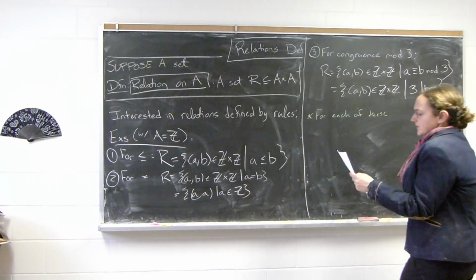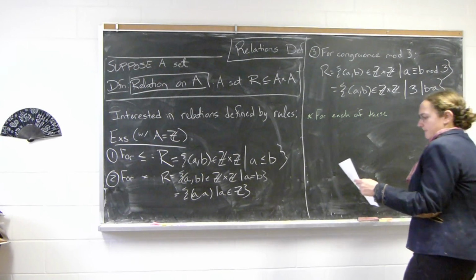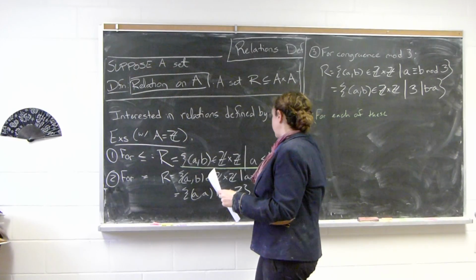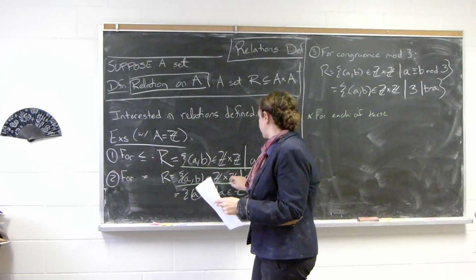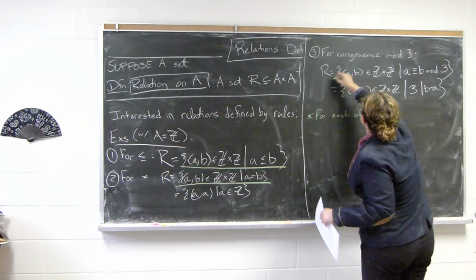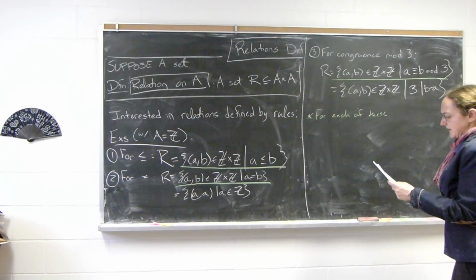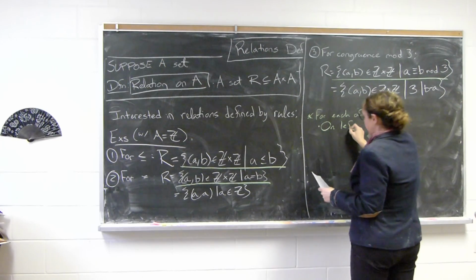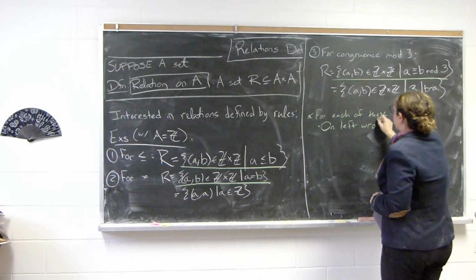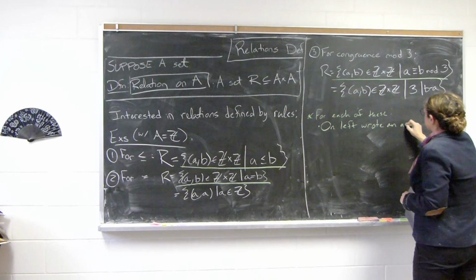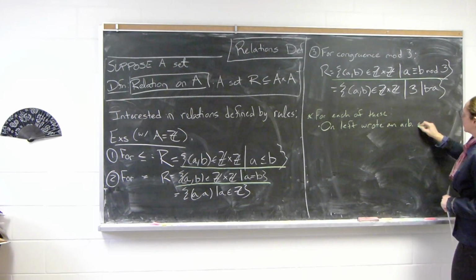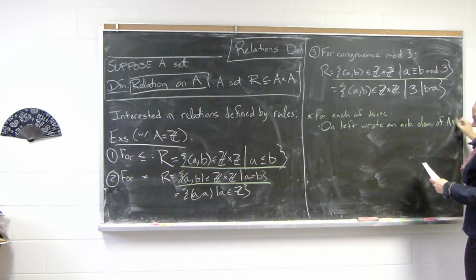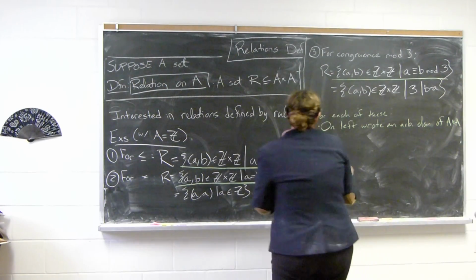So for each of these, if I'm focusing on this part here, or this part here, or this part here, on the left, if you're breaking down what I did, I wrote an arbitrary element of A cross A, and on the right, I wrote the defining relationship.